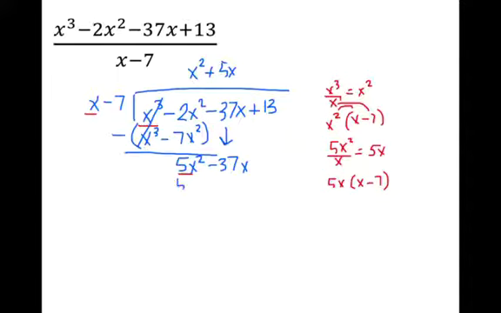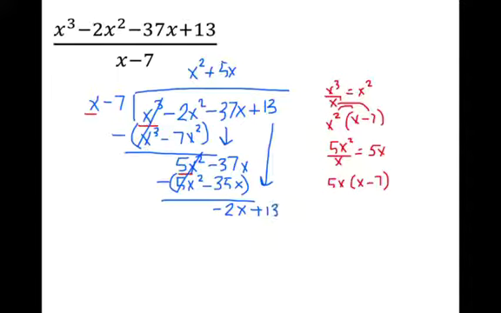Gives me a 5x squared minus 35x, and then I subtract. 5x squared cancels out. Negative 37 minus negative 35 is a negative 2x, and then bring down the 13.